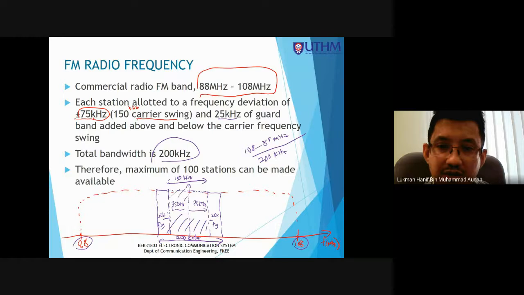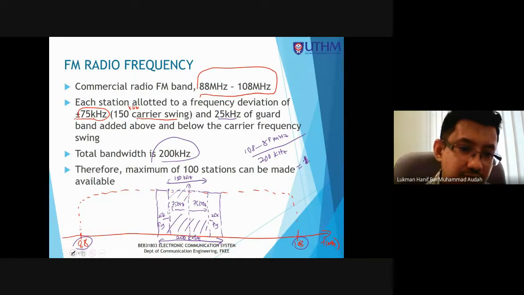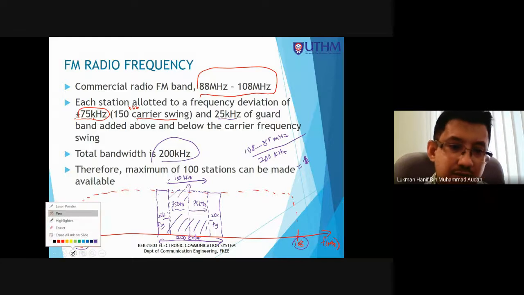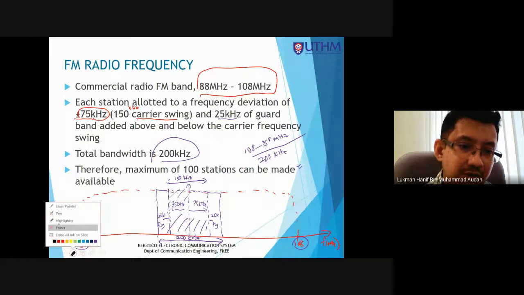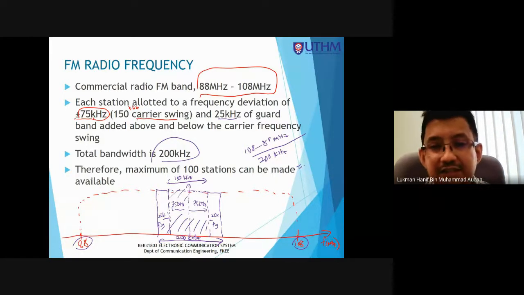So therefore, we can get 100. So this is also one of the favorite questions asked in the final exam. Okay, 100 channels or stations.